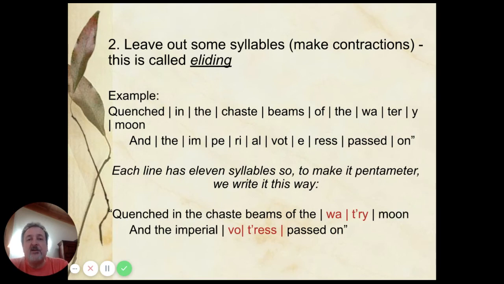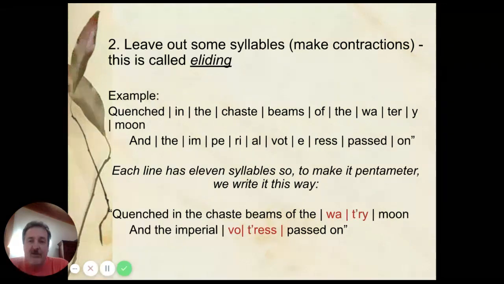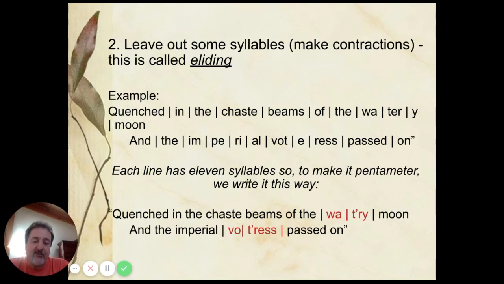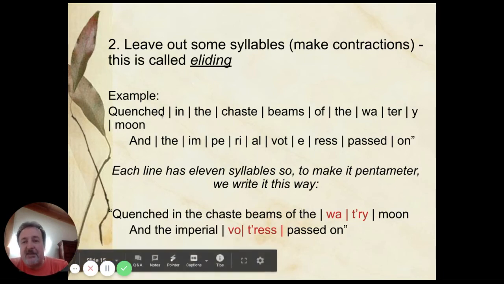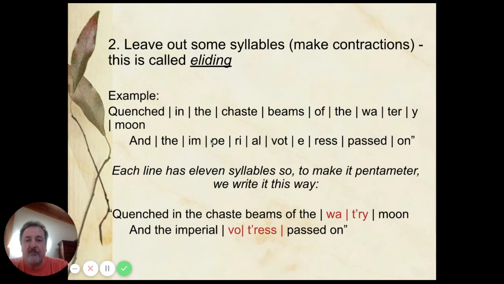The other thing they're going to do is something called eliding, all right? Making a contraction where there wasn't one. So if you have too many syllables in a line, you get rid of one. And you can do that because nobody's really written a dictionary yet, so no one's going to check in on it. So here you have "quenched in the chaste beams of the watery moon, and the imperial votaress passed on."